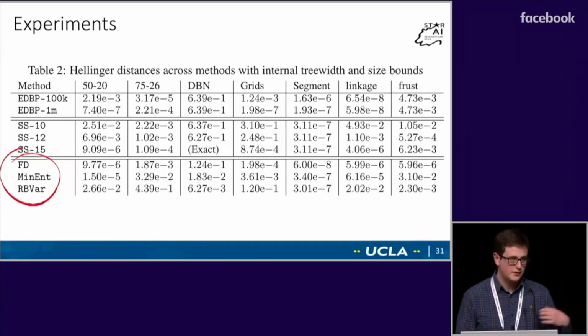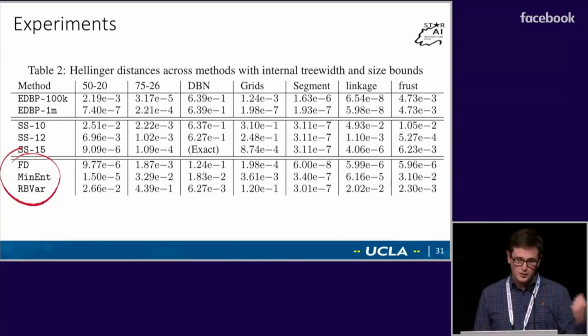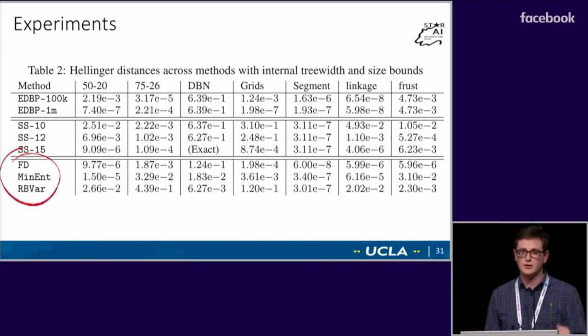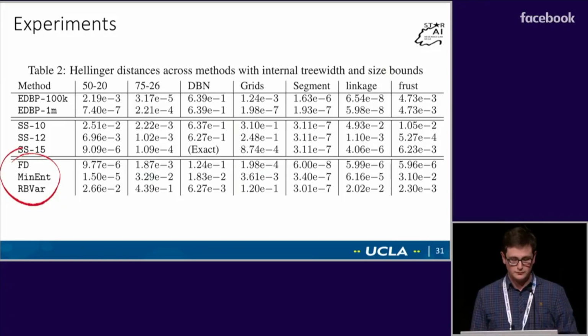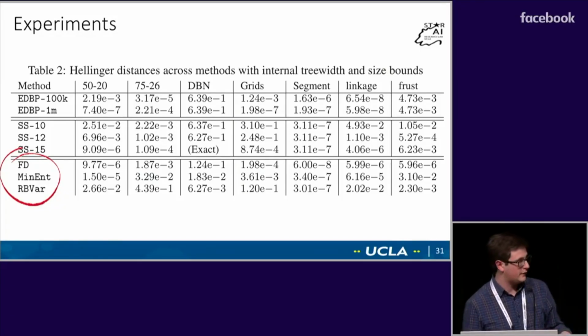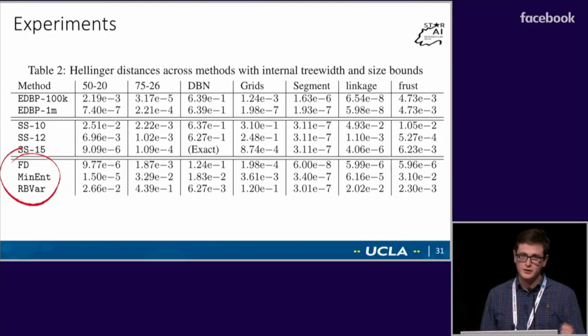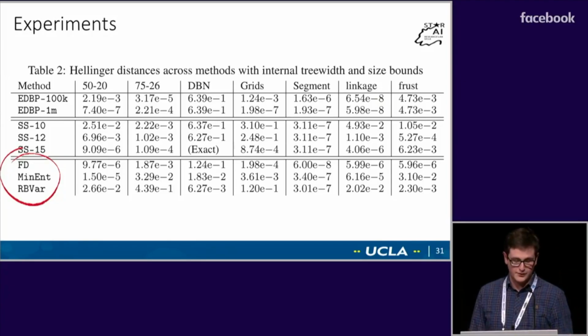We find that pretty much across the board, depending on exactly which configuration of example and heuristic you're using, you get results that are either comparable to or slightly better than the state of the art.